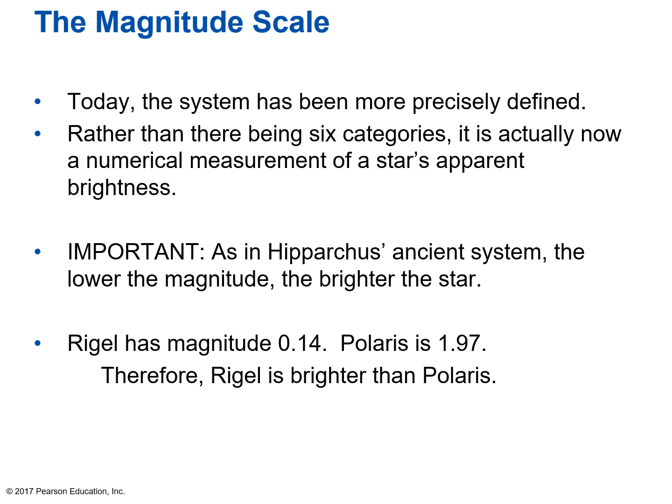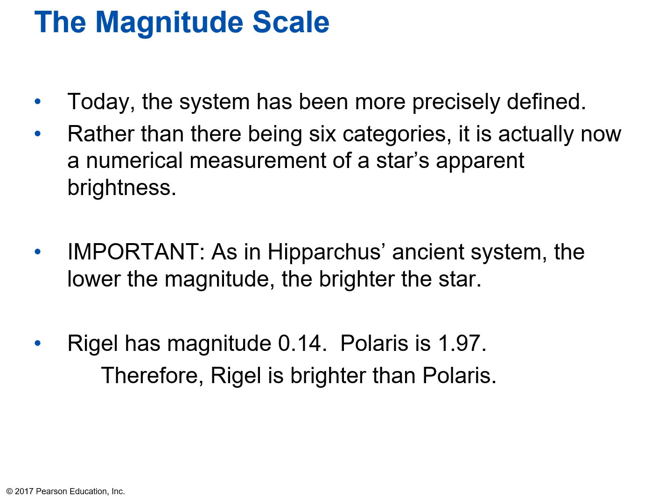Today, the system has been more precisely mathematically defined. Rather than simply 6 categories, it's actually now a numerical measurement of a star's apparent brightness. So there's a formula that I won't give in this video that determines what exactly the magnitude is.